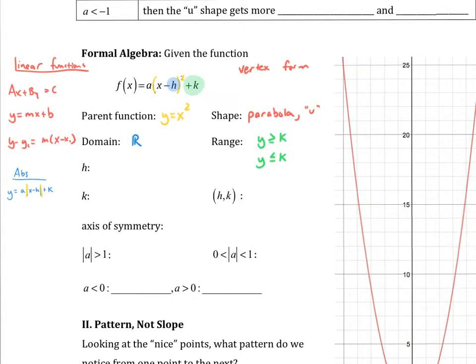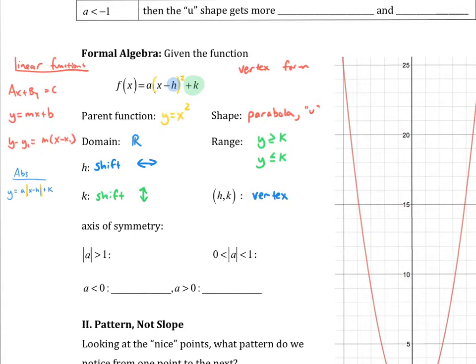So h is how much we shift left or right. So it's a horizontal shift. The k is also a shift, but it's my vertical shift up and down here. And h, k together is called my vertex, as long as it's in that form, (h, k).